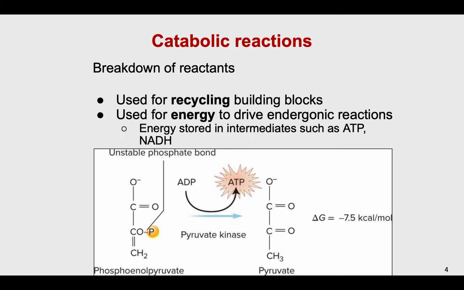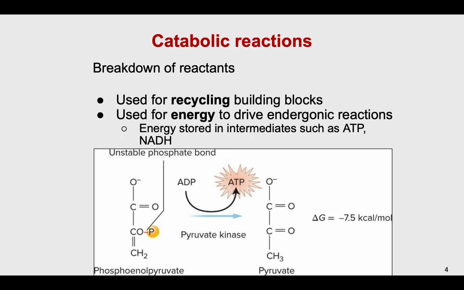Sometimes proteins become denatured, maybe they're improperly folded, or maybe we just don't need that protein anymore. We can break down that protein into its components, break those peptide bonds, get individual amino acids, and recycle those amino acids back into a larger molecule. So we can recycle components.